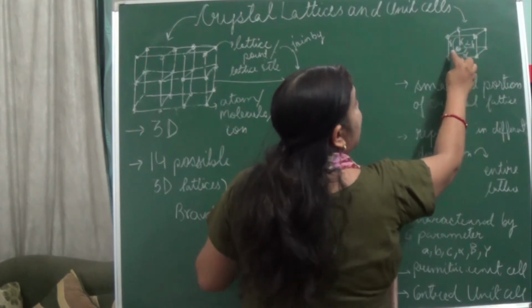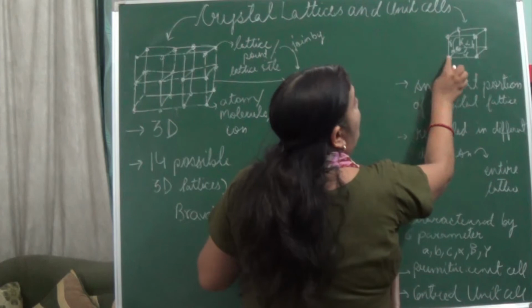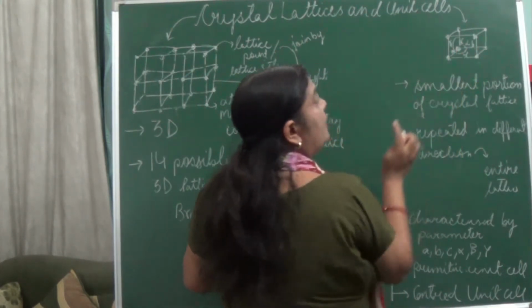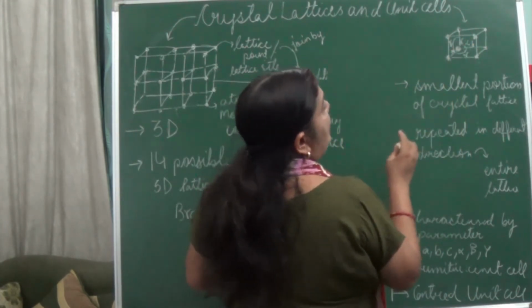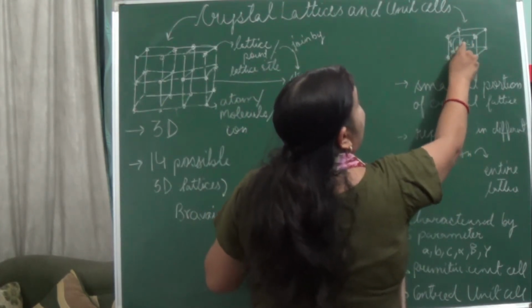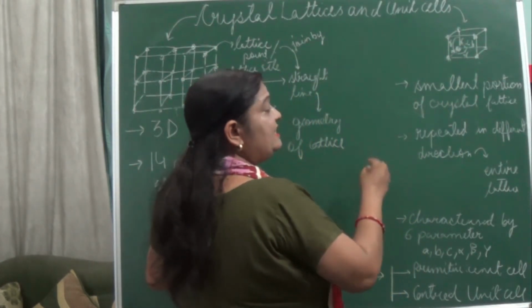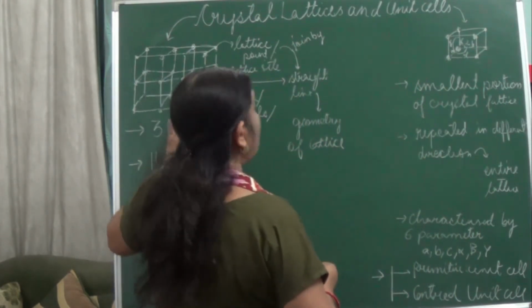Along A and B it is representing gamma. B and C it is representing alpha. And between A and C, it is representing beta. So you can see the repetition in the different directions of the entire lattice.